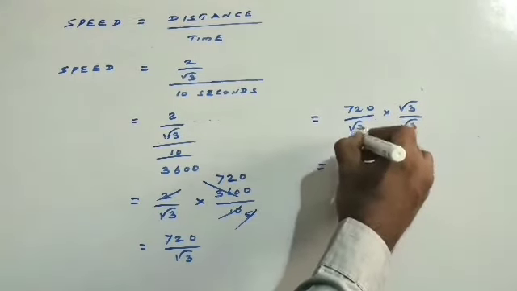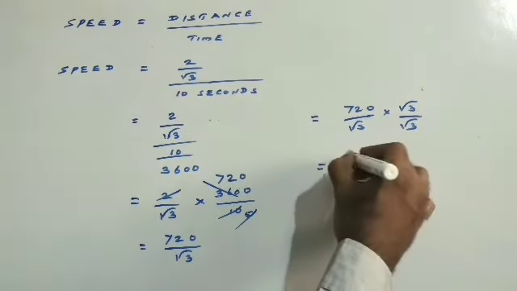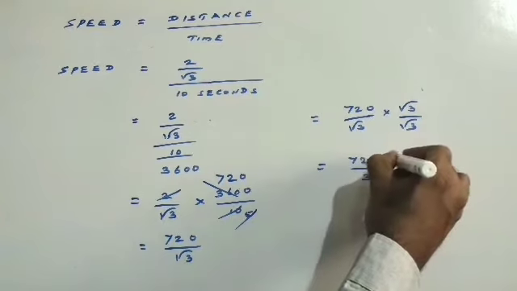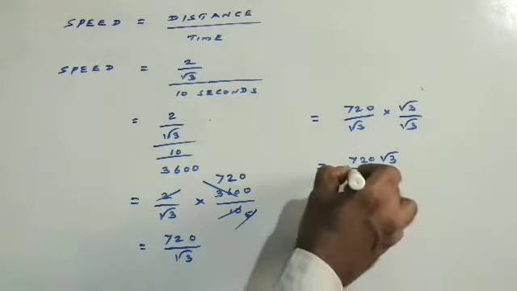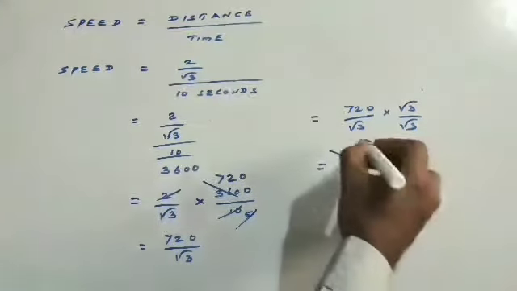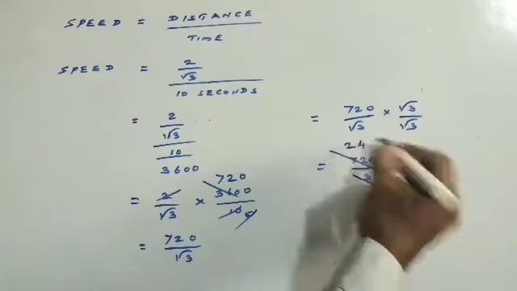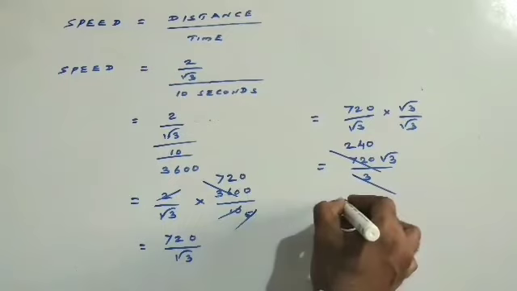In the denominator, root 3 into root 3 gives 3. 720 root 3 in the numerator. We can cancel 3 and 720. 2 3s are 6, remaining 1, 12, 4 3s are 12, and put 0, 240 root 3.